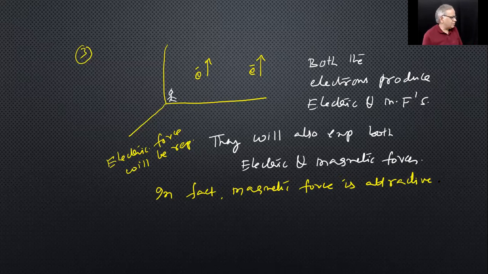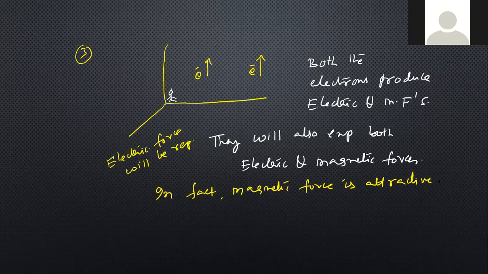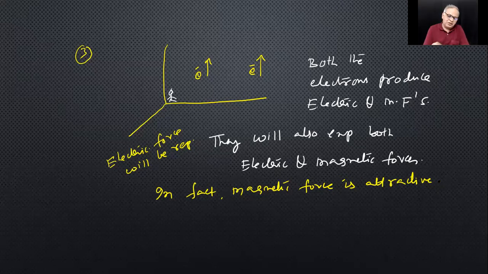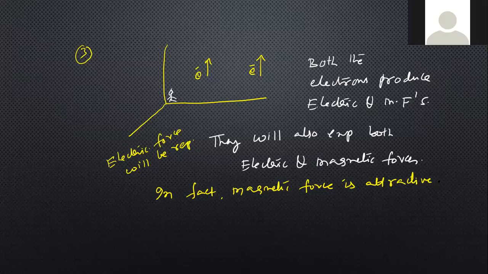Actually, you simply accepted that two electrons repel. Sir, won't the magnetic force depend on their velocities? It depends on the velocities, but it also depends on the velocity directions. If they were going in opposite directions, for example, they would repel.